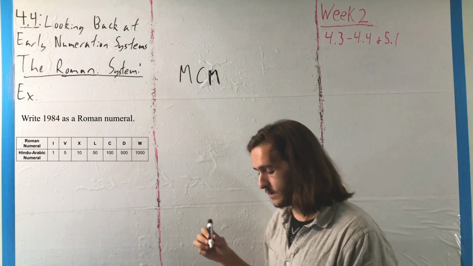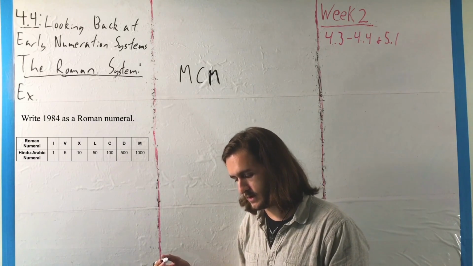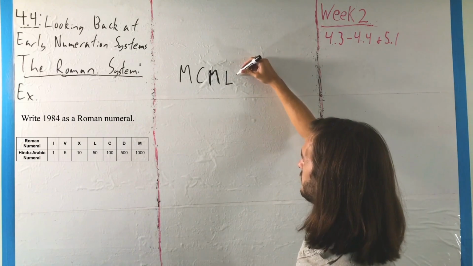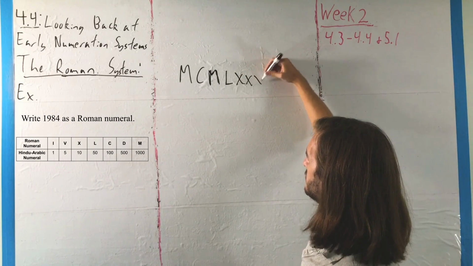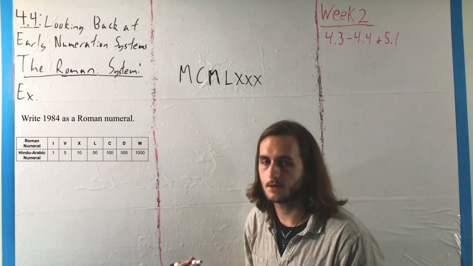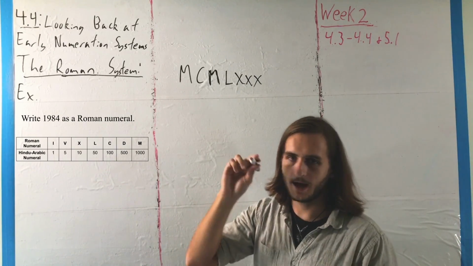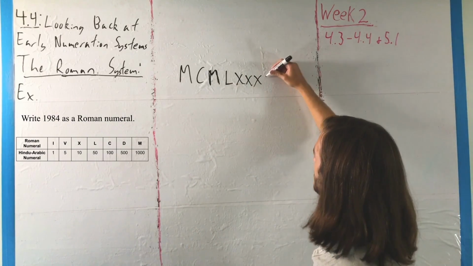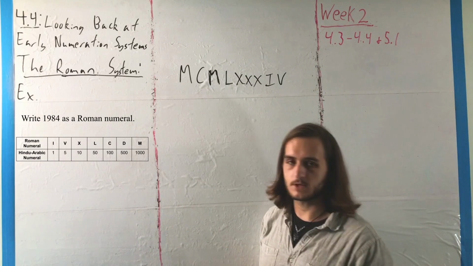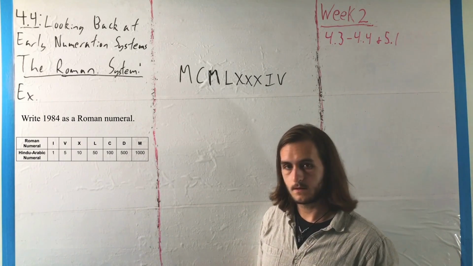And then for 80, well, we don't have a lot of great options, but we do have the L to denote 50, and then 3 X's, and then finally for the 4, remember we're doing 1 before, so it's not going to be I, instead it will be IV. And that's how we would represent the value 1984 as a Roman numeral.